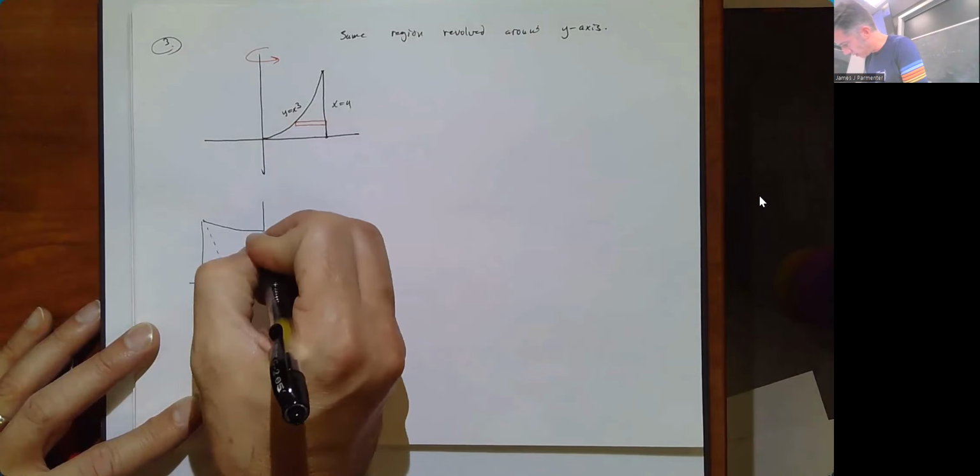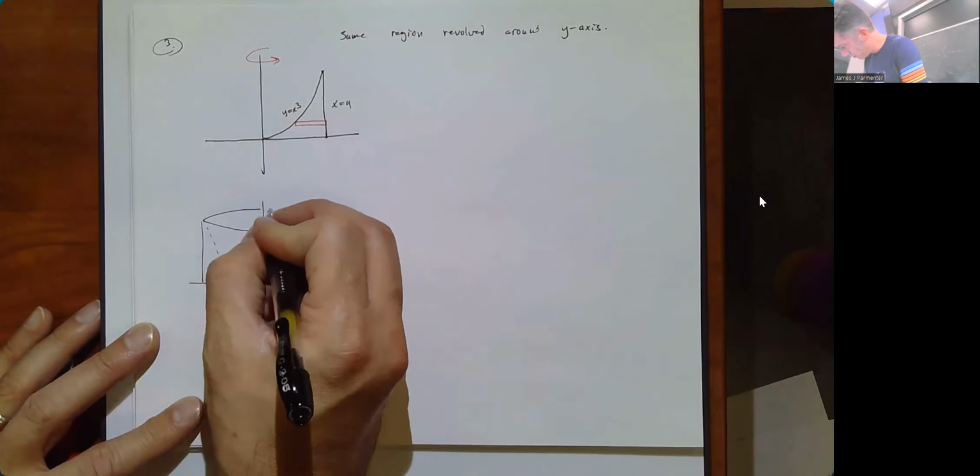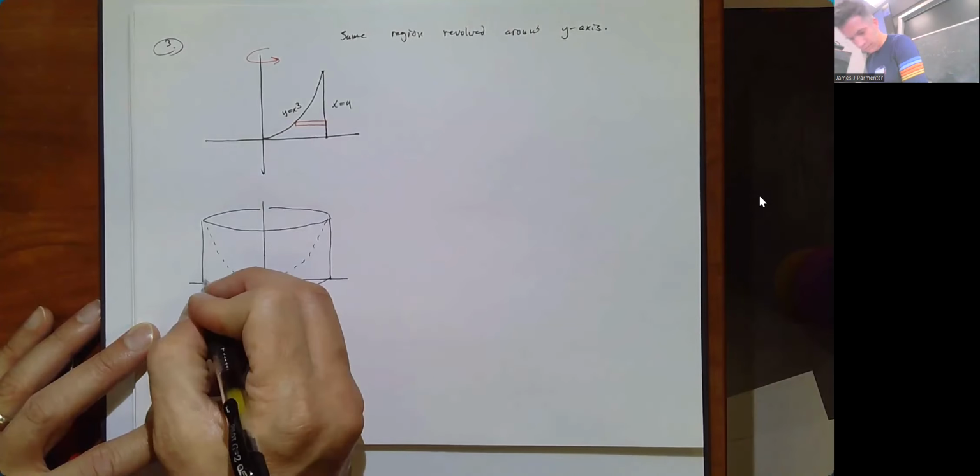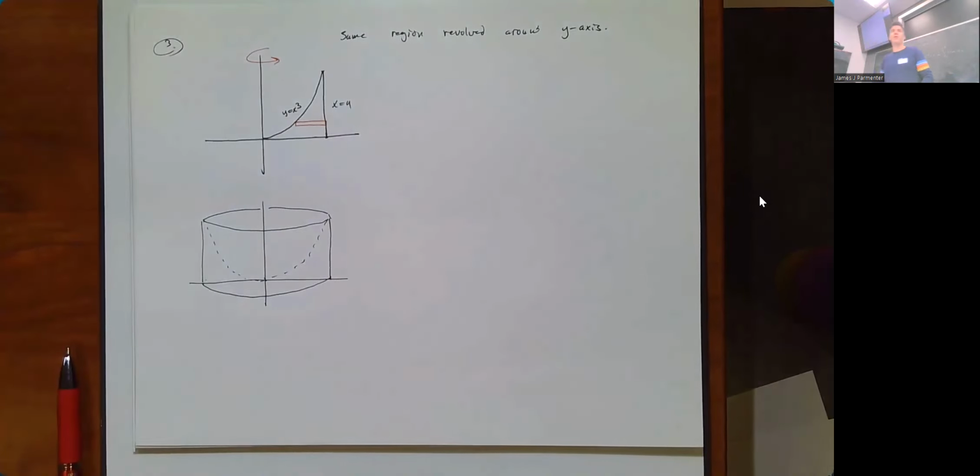Here's my weird looking shape. It kind of looks like you took a block of wood, like a log, and scooped out a bowl from it. That's the solid we have left. You took a block of wood and scooped out some sort of parabolic looking bowl from the middle.